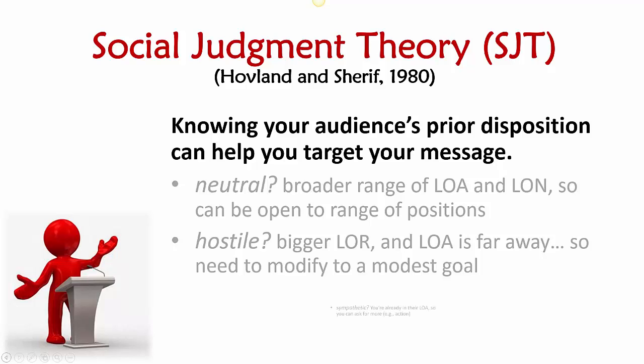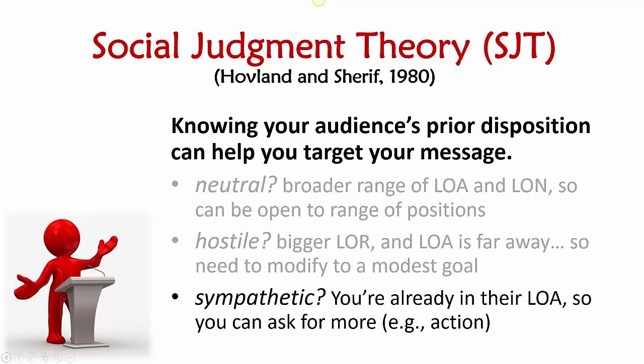So by final contrast, if you have a sympathetic audience, an audience that is positively predisposed to your position, your position is already within their latitude of acceptance. So you're not going to have to work very hard to construct an elaborate, complex argument to get them to agree with your position. They already agree with your position.